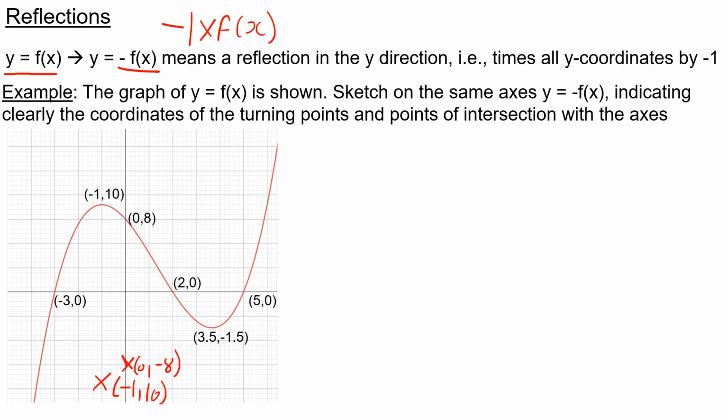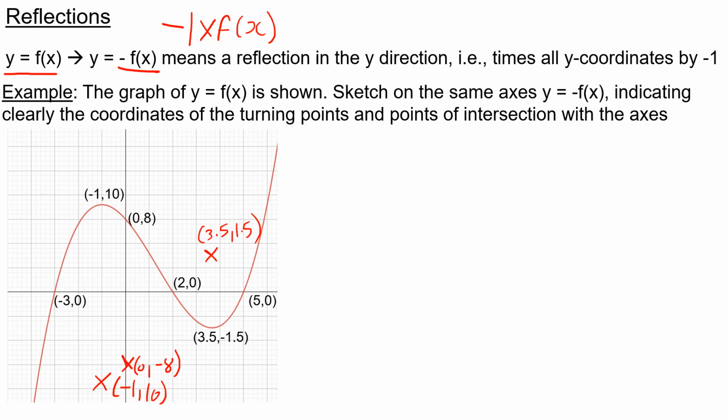2, 0 is unchanged. 3.5, -1.5 will go to 3.5, 1.5. It's only a sketch, but I want to try and be neat. And all of the points where it crosses the x-axis are going to be the same because they have y-coordinate 0.